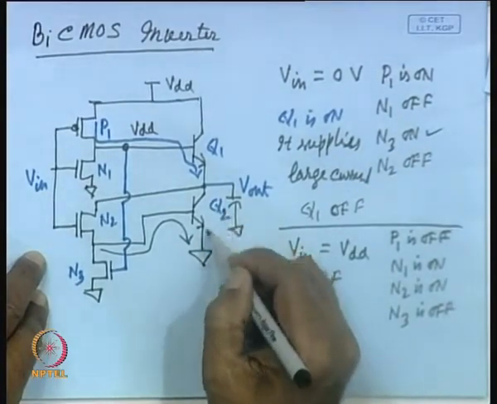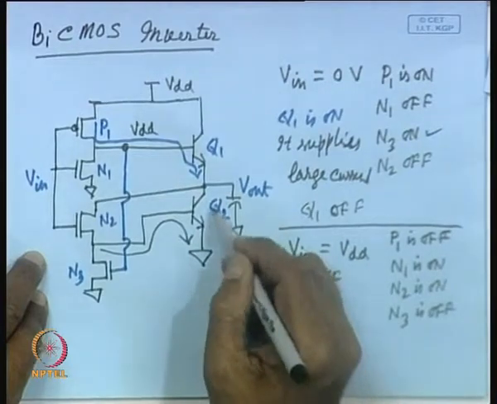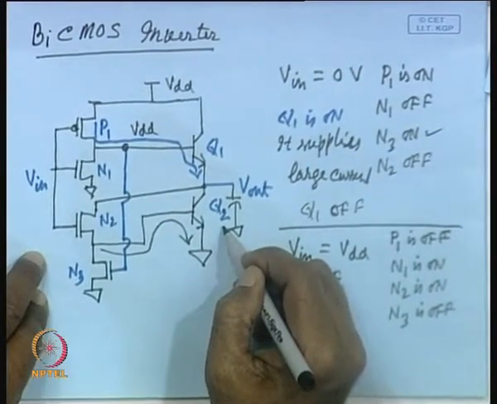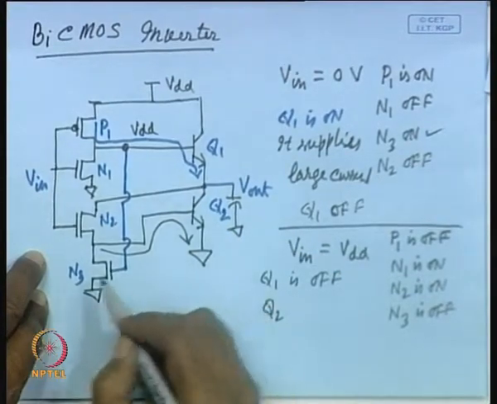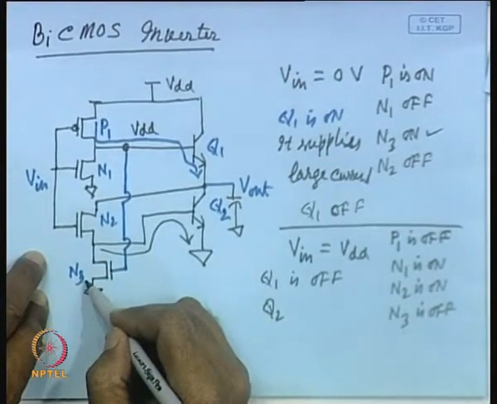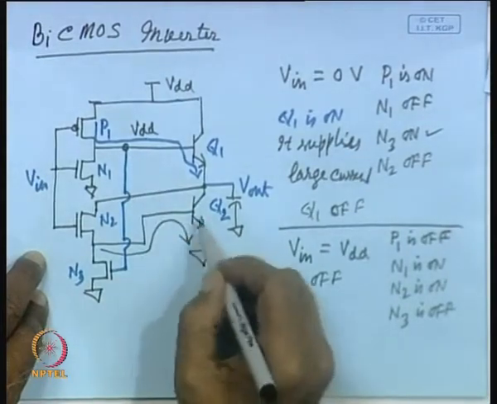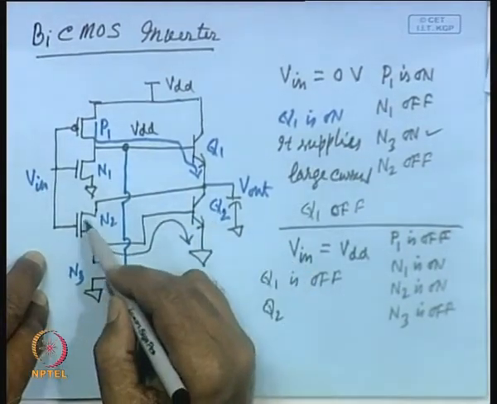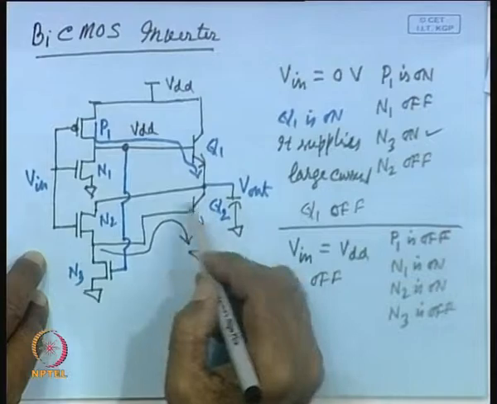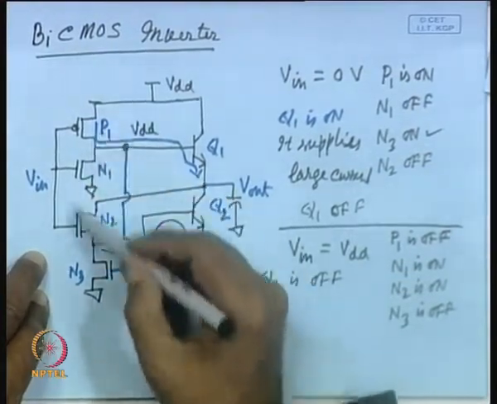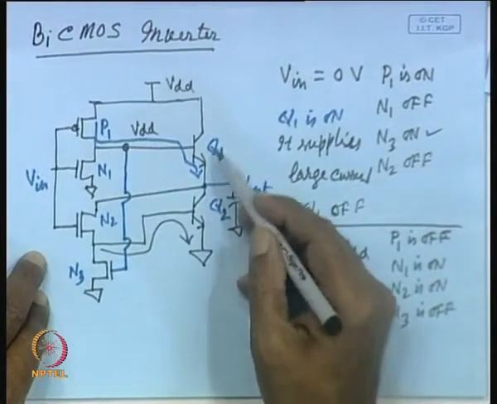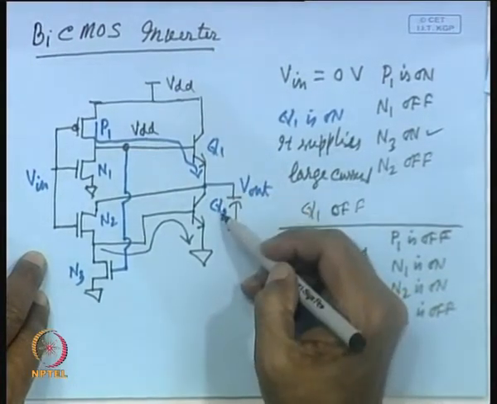That means, it will be able to discharge this capacitor with a large current. We have seen the role of N3 essentially to clamp this output, the role of N2 supplying current when this transistor is on, and the role of N1. So, these 4 transistors actually ensure the push pull behavior of Q1 and Q2.